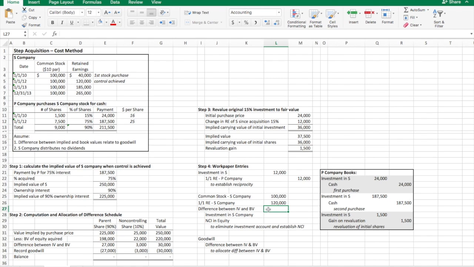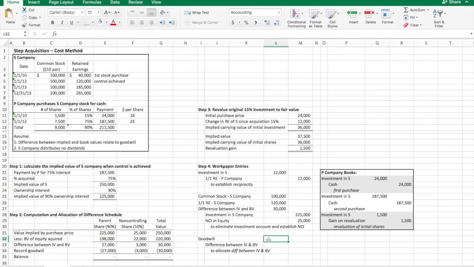And then we've already calculated the difference between implied and book value, and so we can pull that number from over here. And investment in subsidiary company, we need to credit that for $225,000. And non-controlling interest in equity, we've already calculated over here, so that's $25,000.